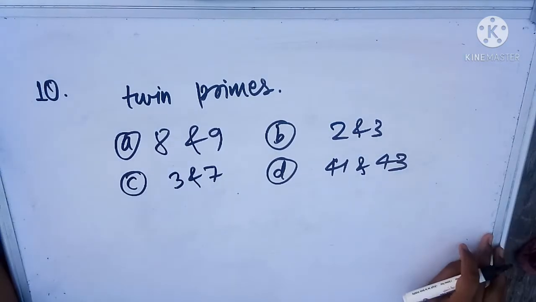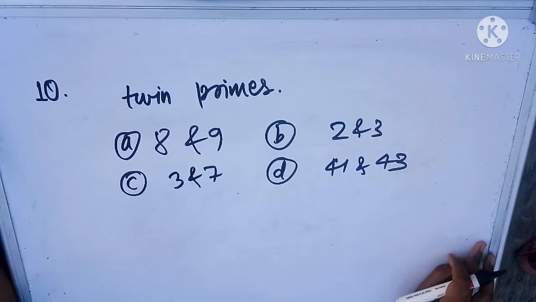So before we find the twin prime numbers, we must know what twin prime numbers are. For twin primes, it is important that both numbers first must be prime numbers, and then the difference between the two numbers must be 2.